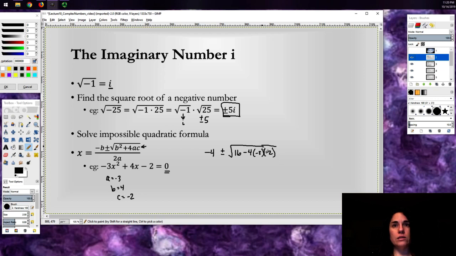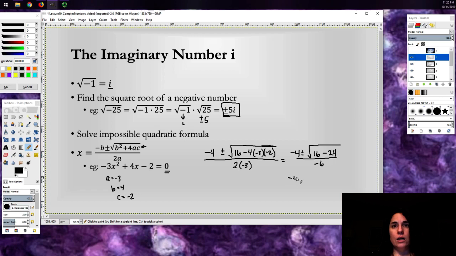We're already seeing that there's going to be a negative sign in the second term here. I'm going to go ahead and put this over 2a, which is over 2 times -3. Let's evaluate what's under the radical. So we get the square root of 16 minus 12 times 2 is 24. Uh-oh. You're already seeing this over -6.